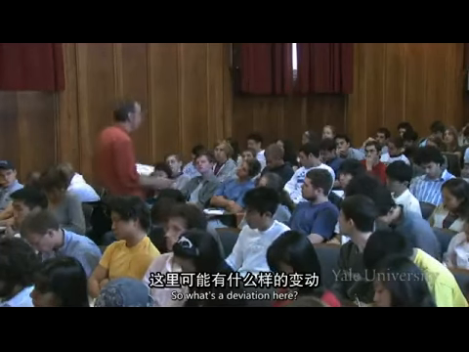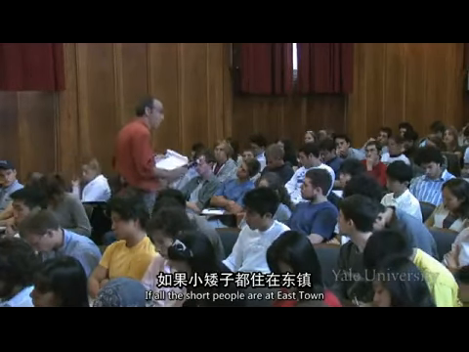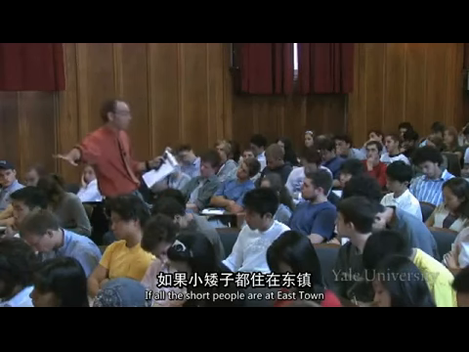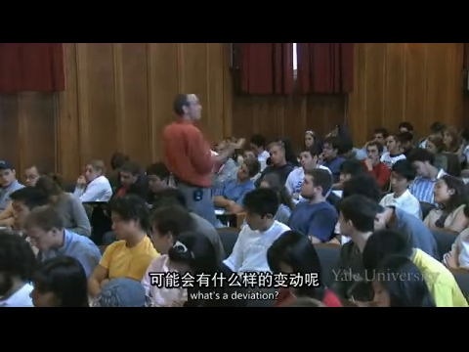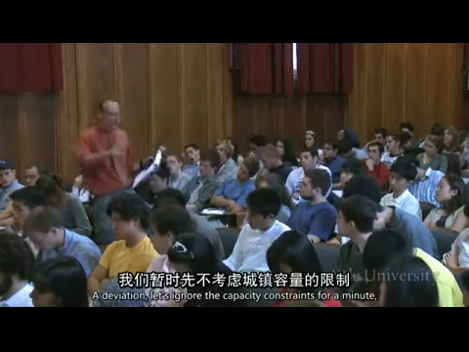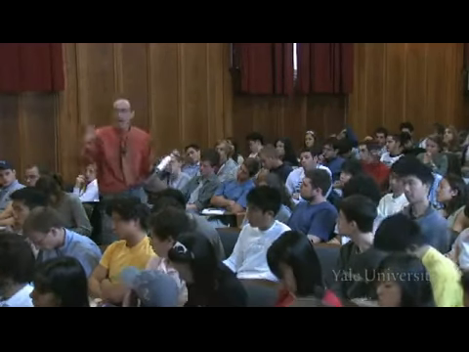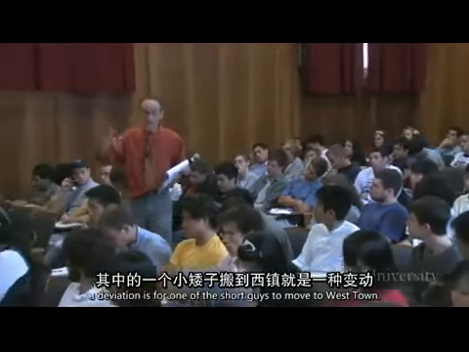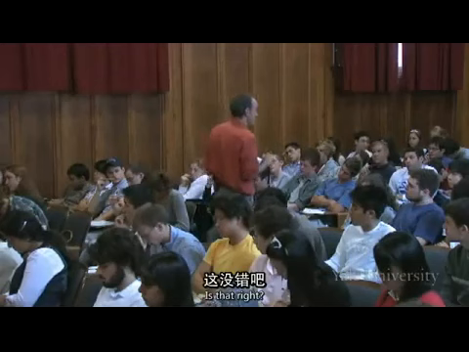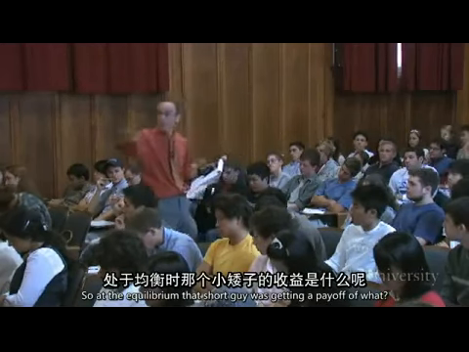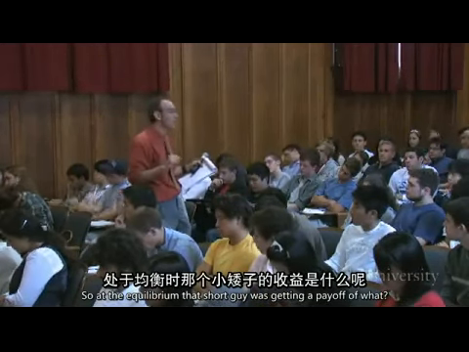So what's a deviation here? If all the short people are in East Town and all the tall people are in West Town, what's a deviation? A deviation, let's ignore the capacity constraint for a minute, is for one of the short guys to move to West Town. Is that right? So at the equilibrium, that short guy was getting a payoff of what?